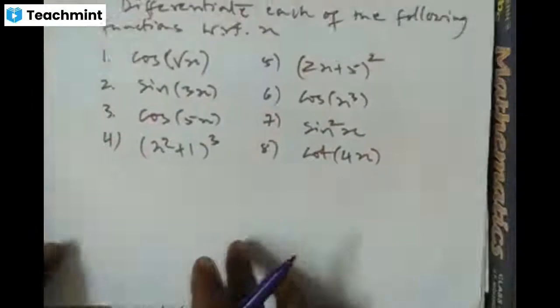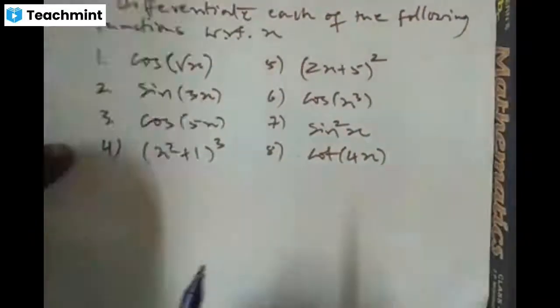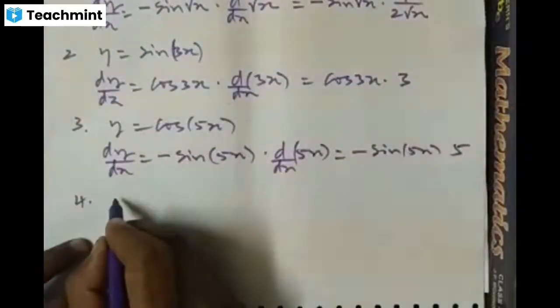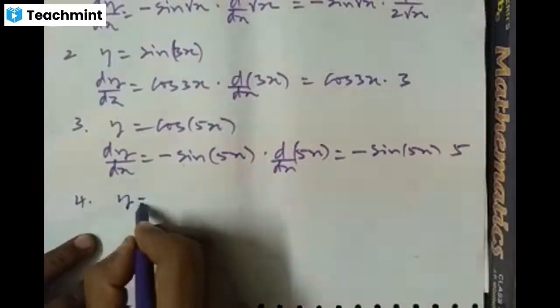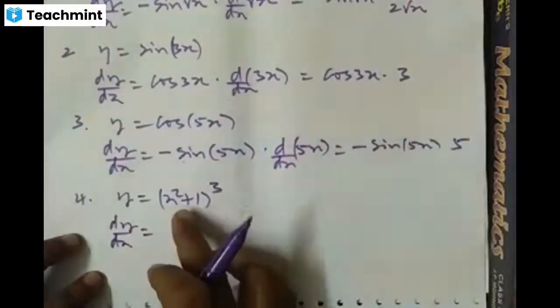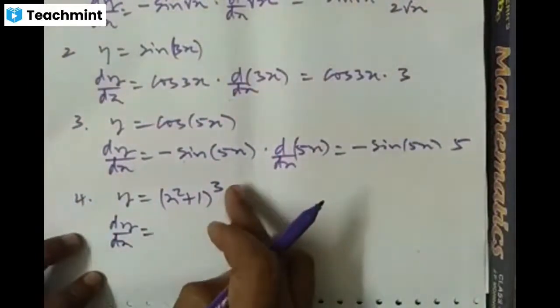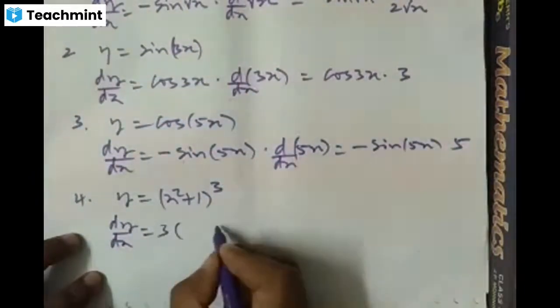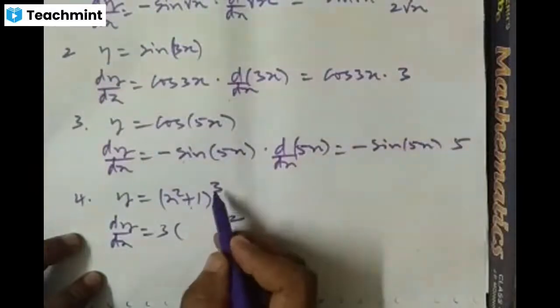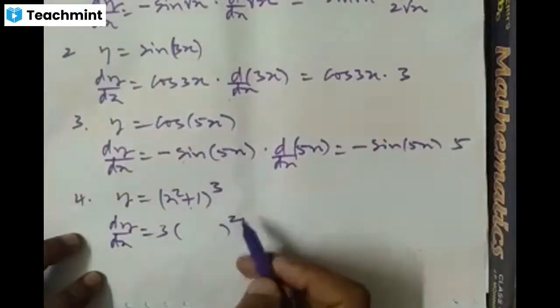Next, the fourth one, x square plus 1 whole cube. Let y be equal to x square plus 1 whole cube. Okay, so now dy by dx is equal to, now this is of the form u cube. The derivative of u cube with respect to u is 3 into u square, right?